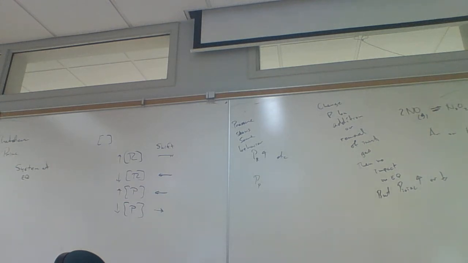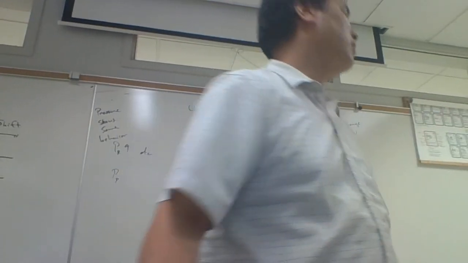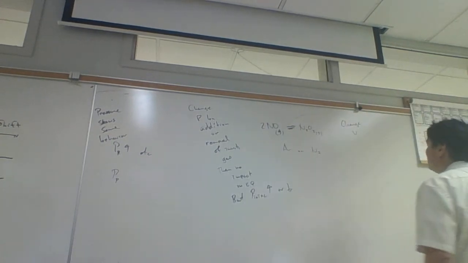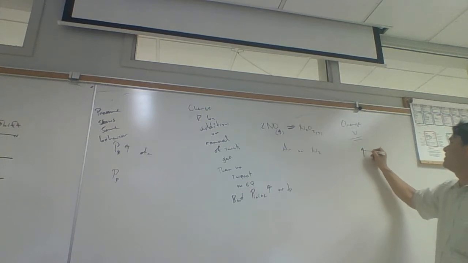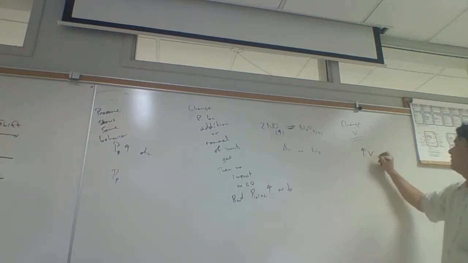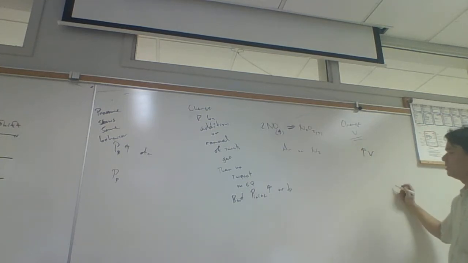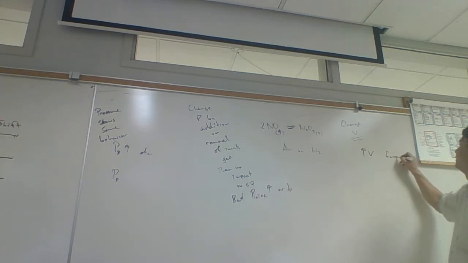And so, one way to see the impact is you could just look at calculating the Ks with different volumes and see how that changes. But the easiest way to see the impact of volume is this. If we increase the volume of the entire system, then this favors the side with more moles of gas.